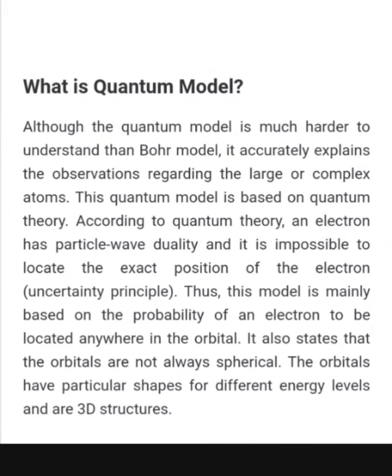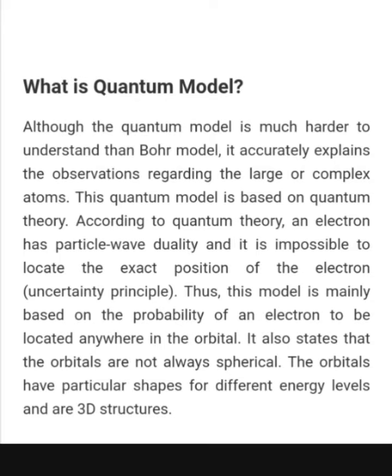Now, what is the meaning of quantum mechanics, or the quantum model? Although the quantum model is much harder to understand than the Bohr's model, it accurately explains the observations regarding large or complex atoms. The quantum model is based on quantum theory.